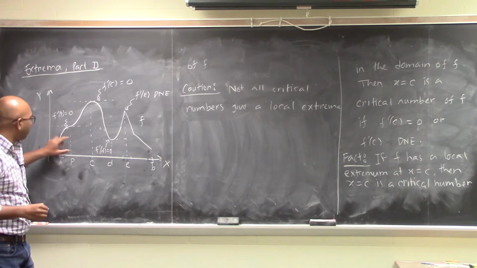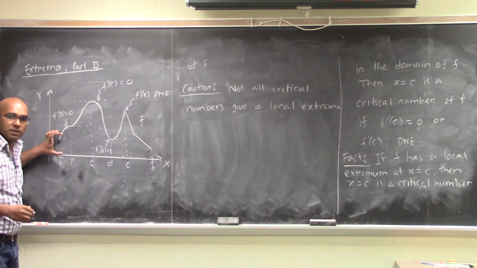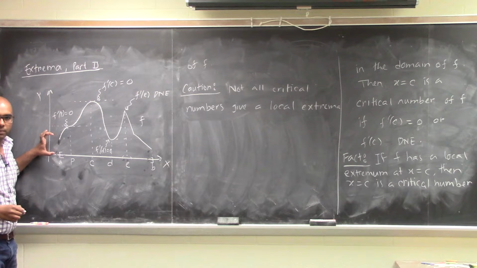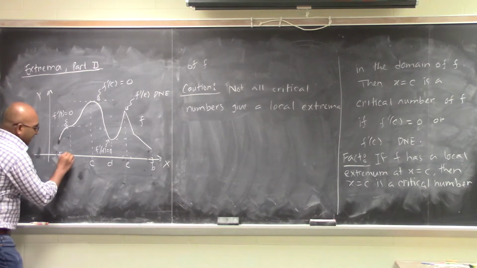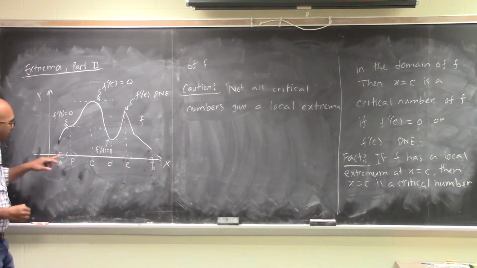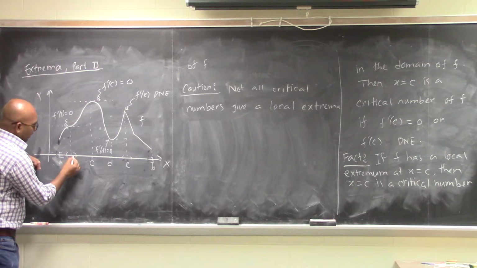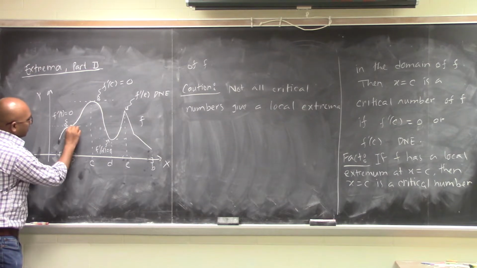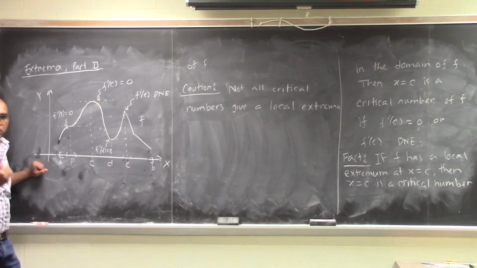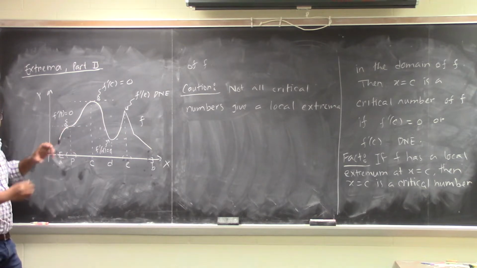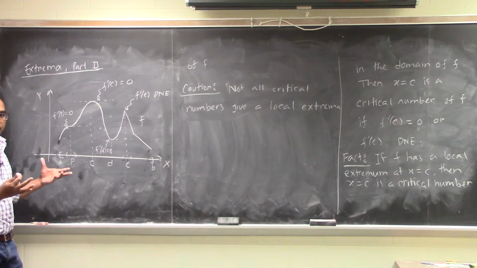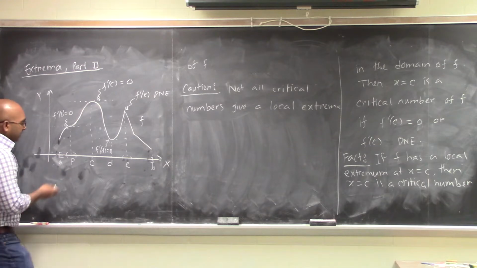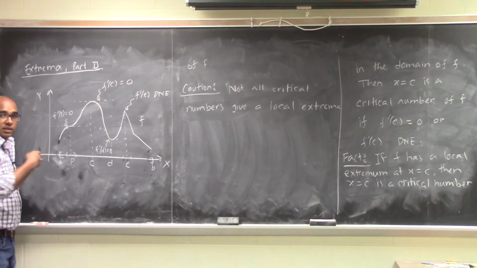But notice f of P is neither a local maximum nor a local minimum, right? Because if you take any interval containing P, the inputs coming from the right of P will produce higher outputs. So definitely f of P is not the largest value in that interval, so f of P is not a local maximum.